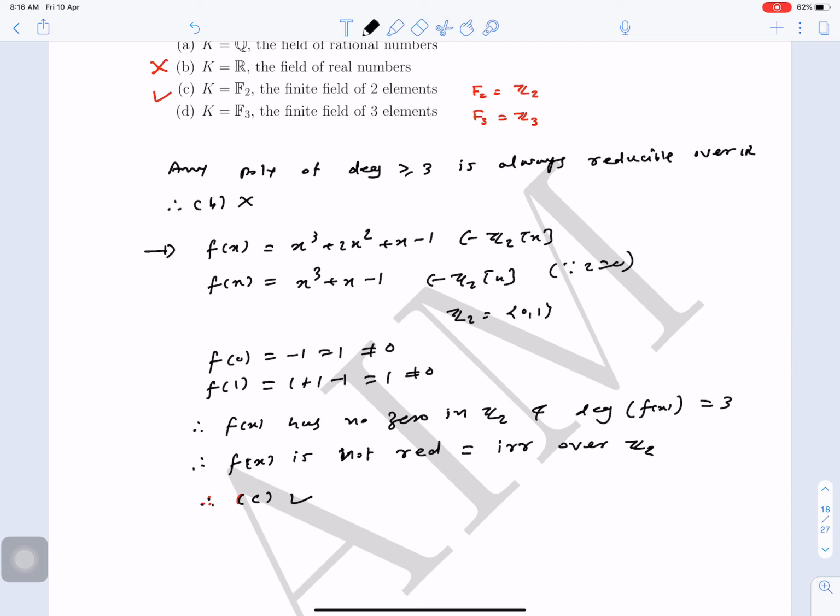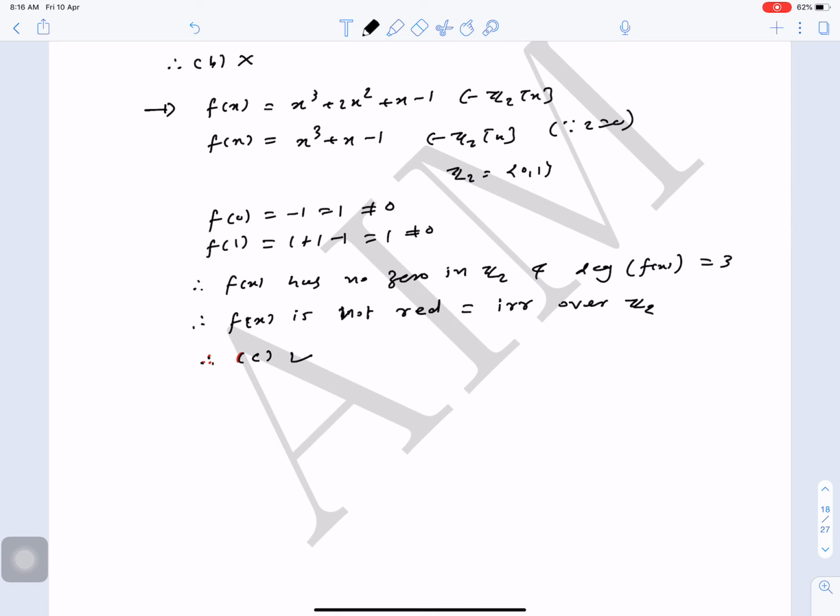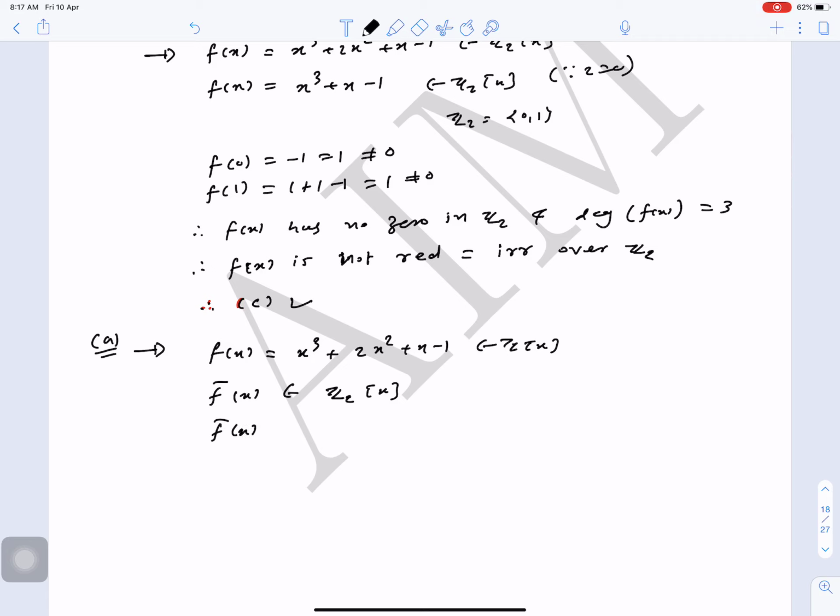Now consider option A, over Q. Here f(x) is equal to x cube plus 2x square plus x minus 1, which belongs to Z[x]. Now consider f bar(x) belonging to Z2[x]. So f bar(x) will be x cube plus x minus 1, so minus 1 is plus 1. So this will be in Z2[x].